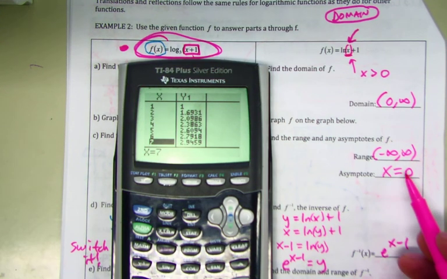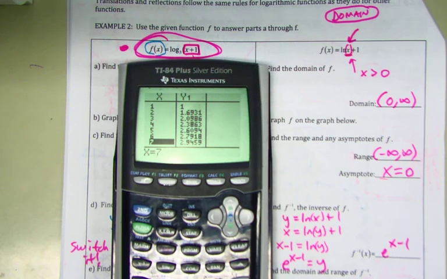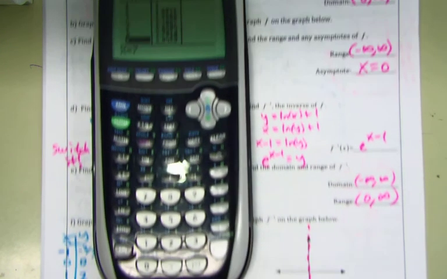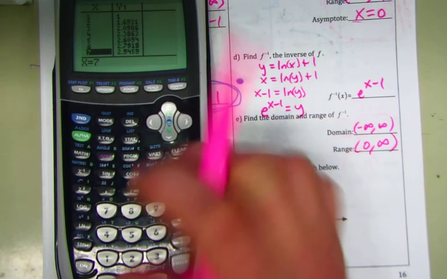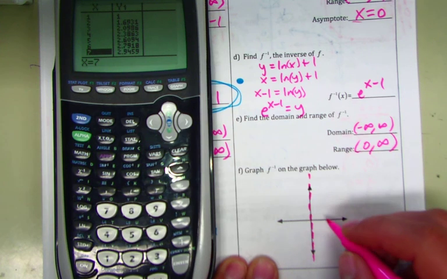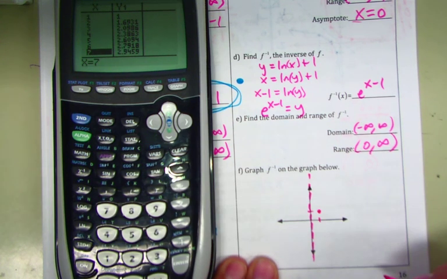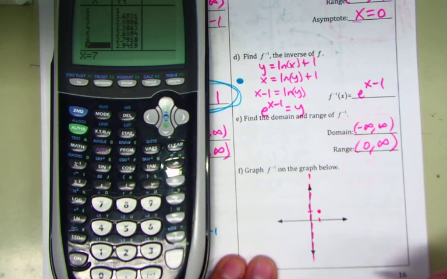But also use this. x equals 0 is a vertical asymptote, right? What's the one nice point on here? 1, 1. So you go to 1, 1. And do we know what shape this is going to have?